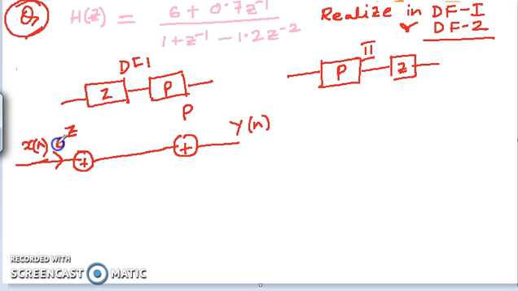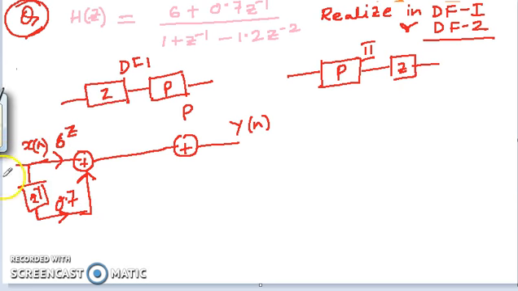And then there is 0.7 z inverse, so the z inverse will come here and the coefficient will be 0.7. So this will be the part of the zeros in direct form 1.